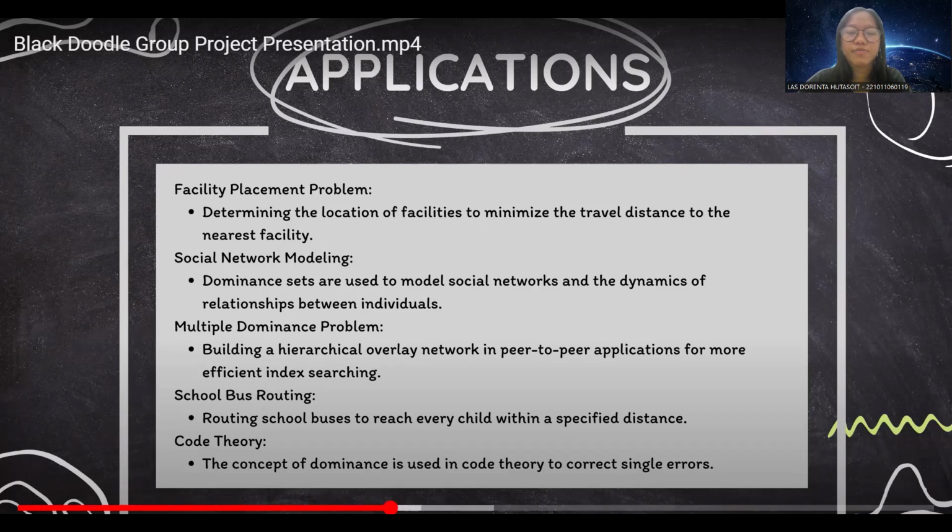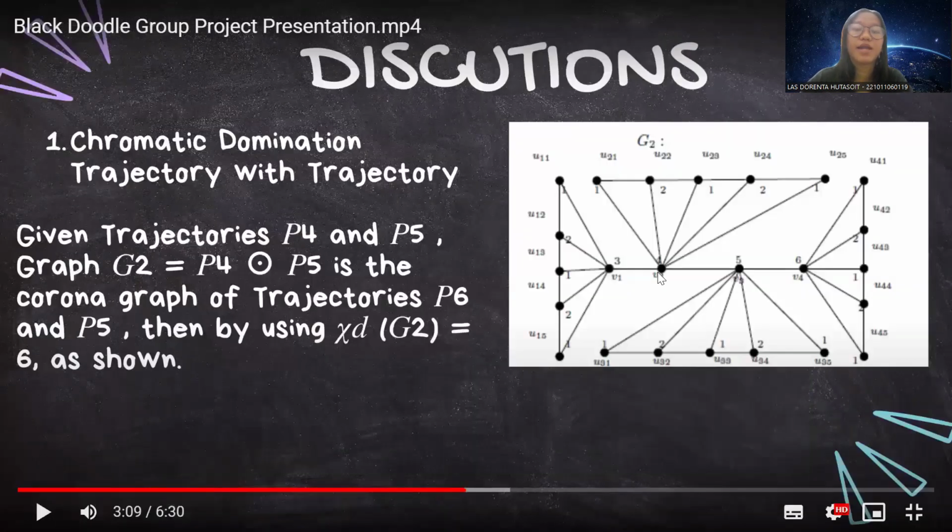And next, discussion. In this section, we discuss the chromatic number of domination on the graphs resulting from the corona operation of path and circle, namely Pm ∘ Pn, Pm ∘ Cn, Cm ∘ Pn, and Cm ∘ Cn.